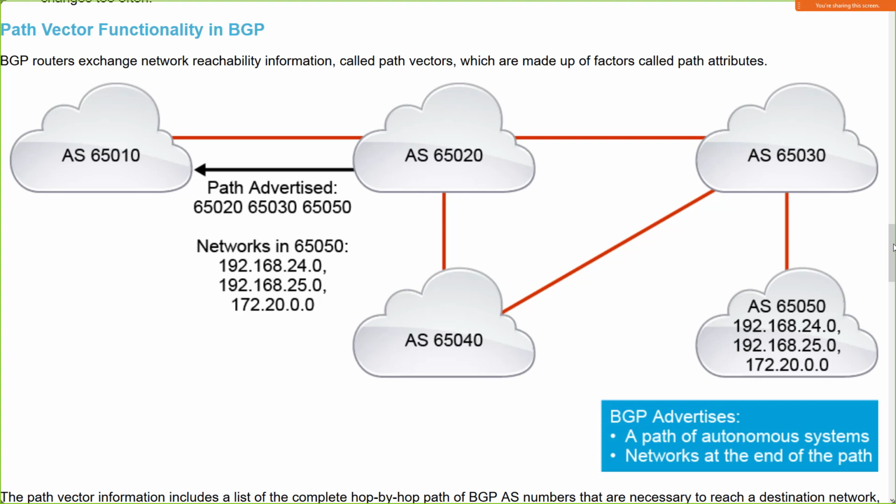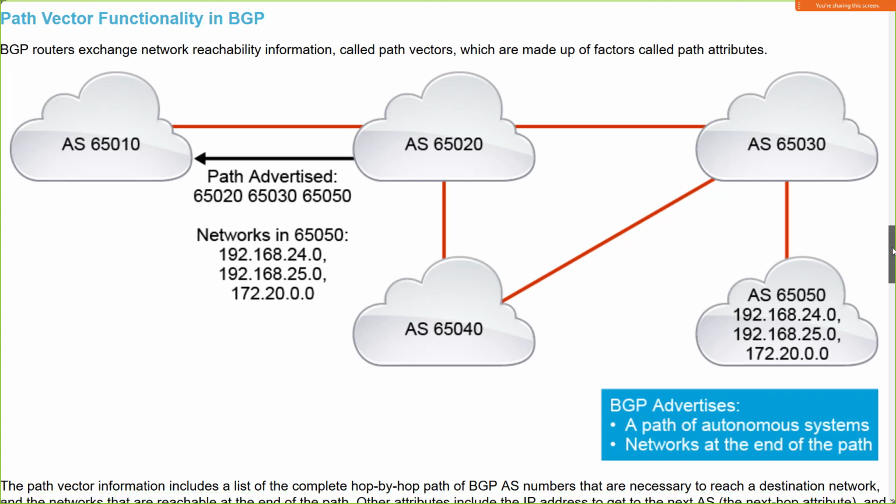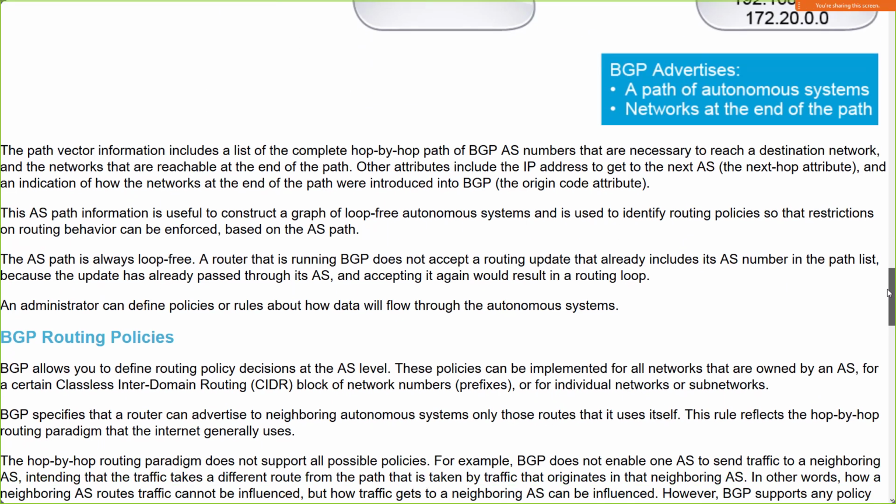So I would probably choose to go from 10 to 20 to 30 to 50 rather than go from 10 to 20 to 40 to 30 to 50 because the AS Path is shorter. And again, we're not taking into account bandwidth. We're not taking into account speed. We're taking into account basically the number of hops, which in this case, a hop would be considered an autonomous system.